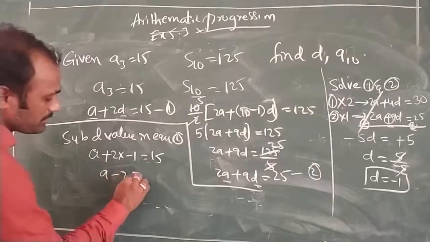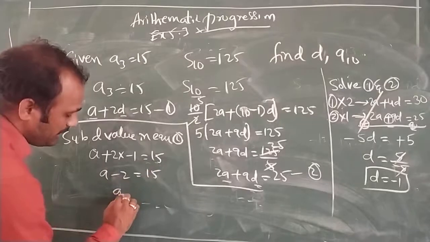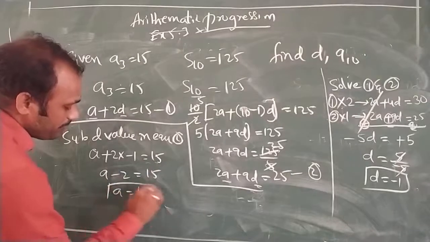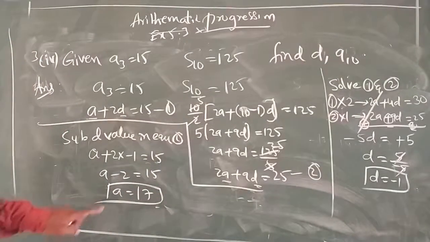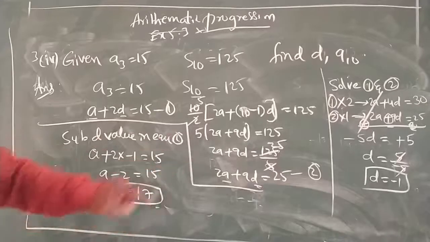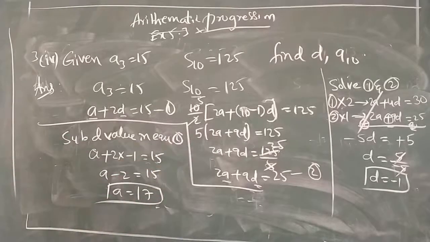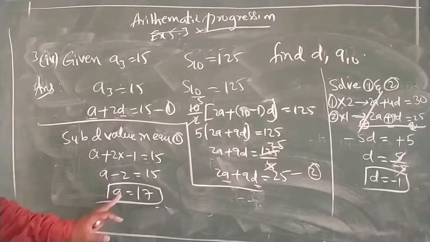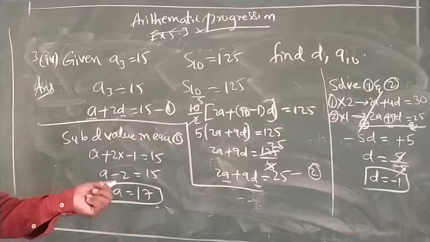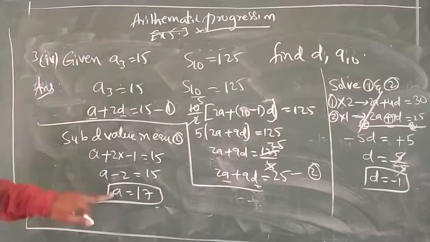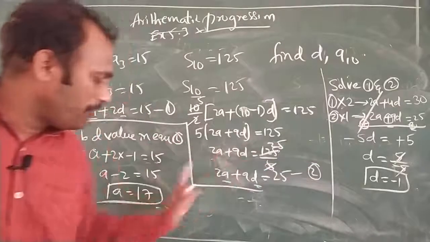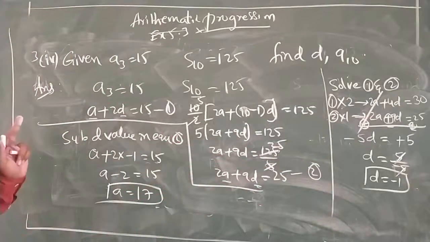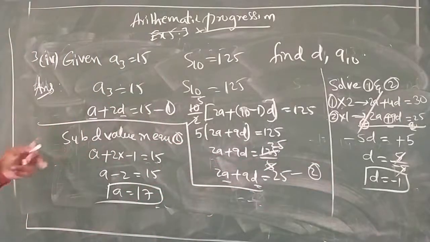So A minus 2 is equal to 15, A is equal to 17. So the first term I got here is A as 17, common difference as minus 1. Now after getting the A and D values, we can find anything. In the total AP, we have to get what the A value is and what the D value is. If we know these two values, we can find either the A10 or S10 value, any value.